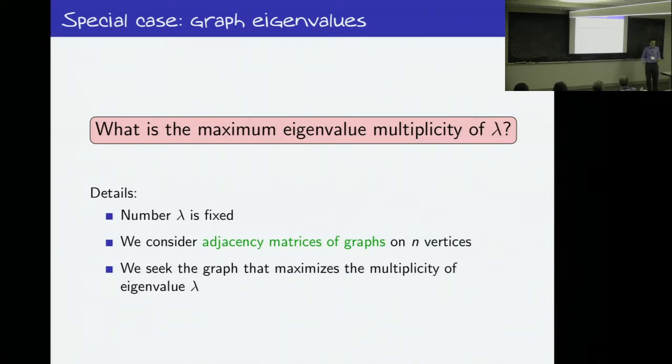And I can ask you, how big can it be? There are some classes of graphs for which this multiplicity can be very large. For example, strongly regular graphs are a class of examples, graphs that have only two non-trivial eigenvalues, so they will have large multiplicity. But generally, I ask how large can the multiplicity of some eigenvalue of a graph be?